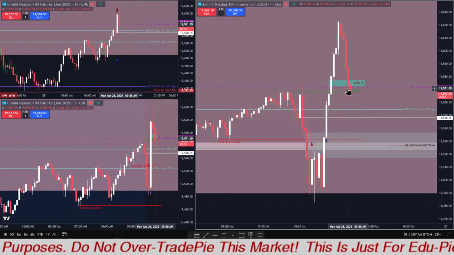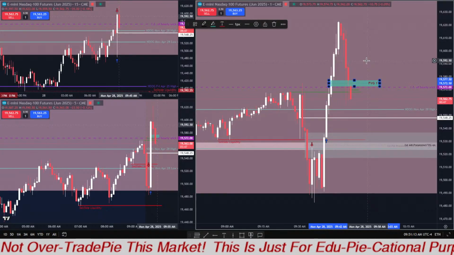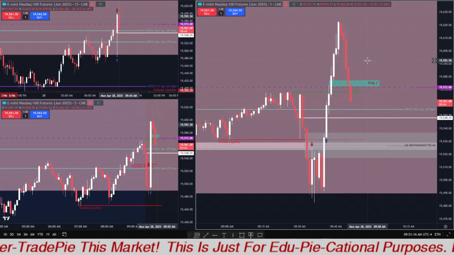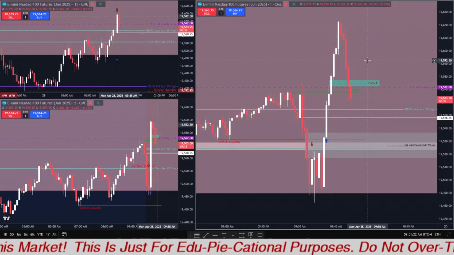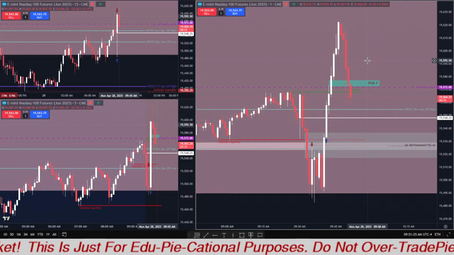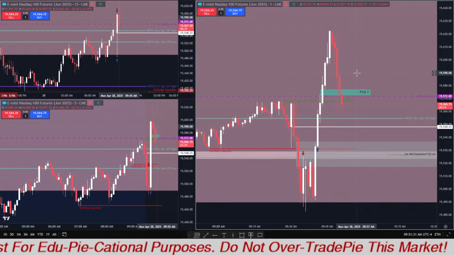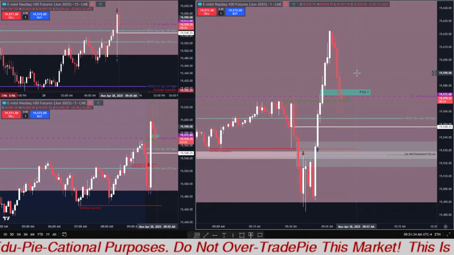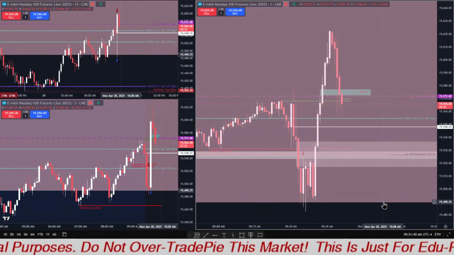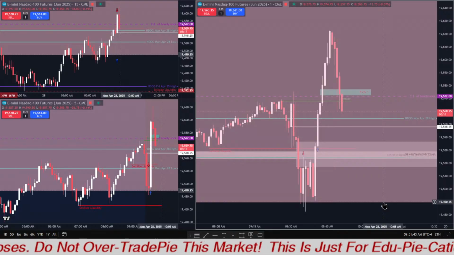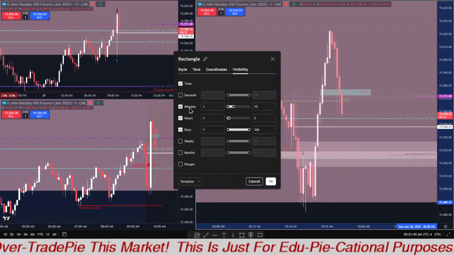So far we respected the fair value gap over here. You have to remember that this is our daily CB that I mentioned in the beginning of the live stream.